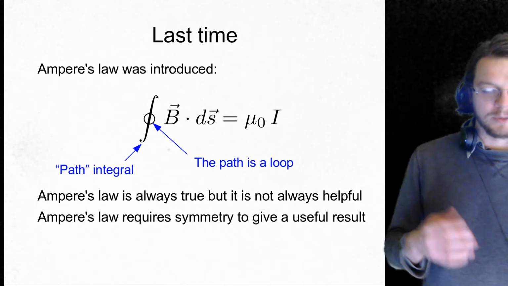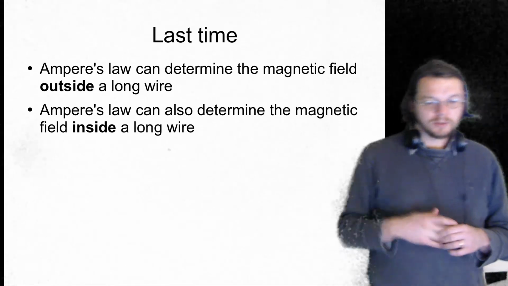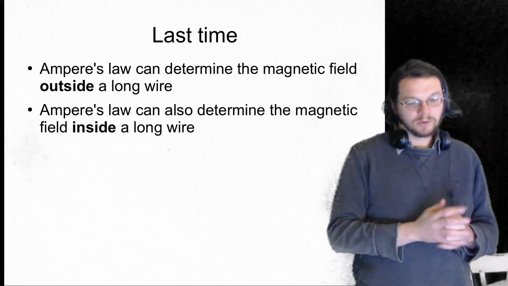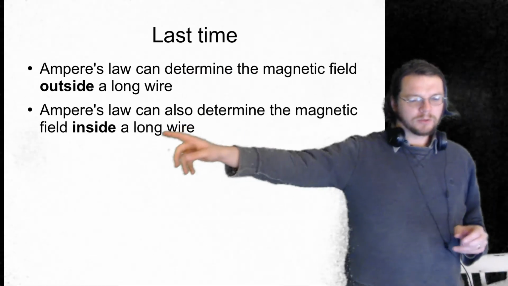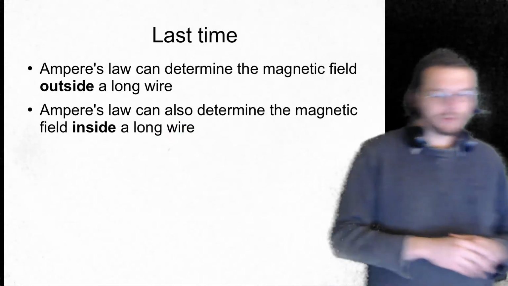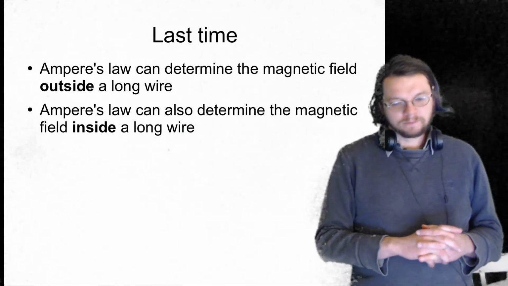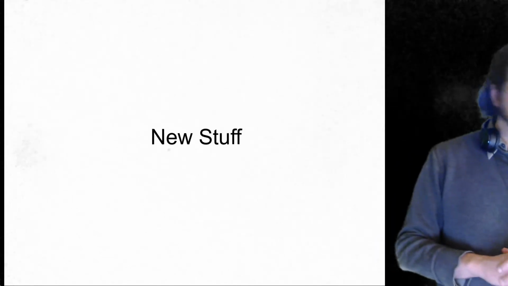In other words, a certain number of types of problems, you could say. So last time, as I said, we used Ampere's law to figure out the magnetic field outside of a long wire. I can't remember if we actually used Ampere's law to calculate the magnetic field inside of a long wire, but indeed it can actually help you to do that. And later we might talk about that some more.